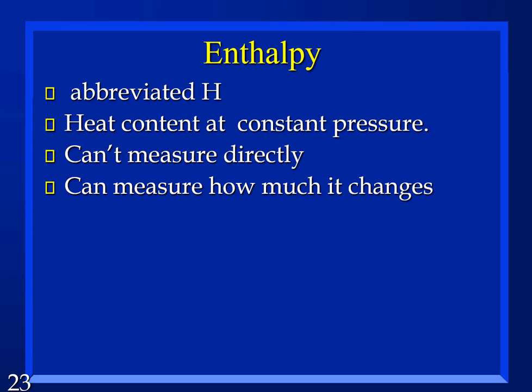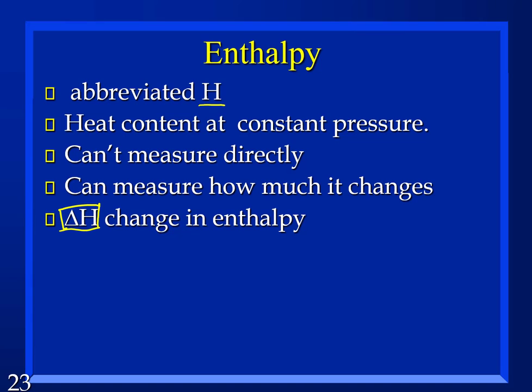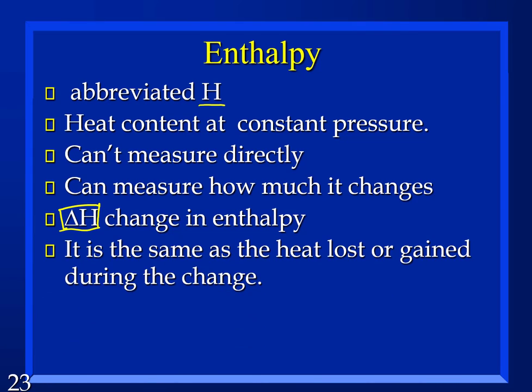So if you measure the heat that comes out, you can measure how much the heat content's changed. So what we measure is not H, but delta H, how much the heat content's changed. So we're going to use delta H in place of H lots of times.